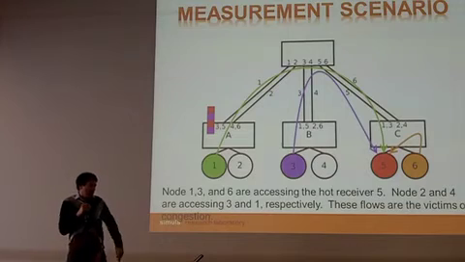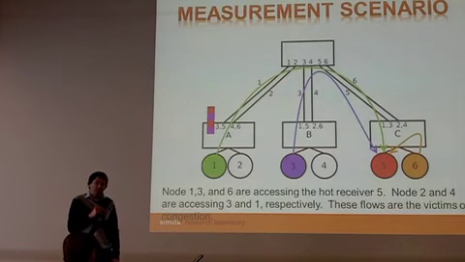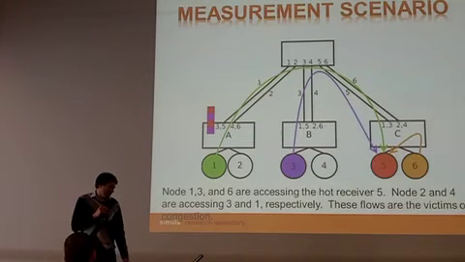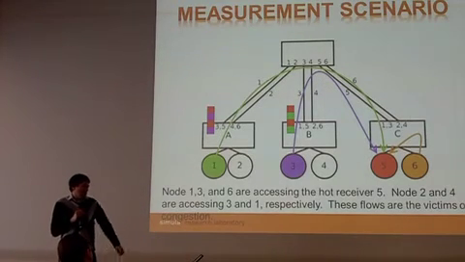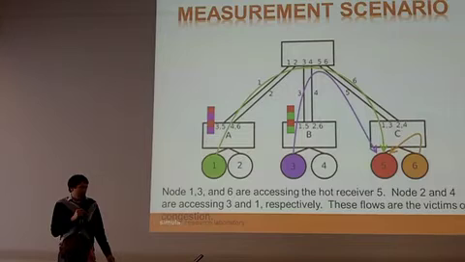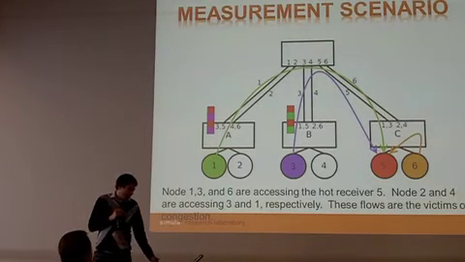So it means that it's reduced to 1/3 of possible bandwidth. And we see the exact same for switch B, where the flow from 4 to 1 is blocked by the flow from 3 to 5.